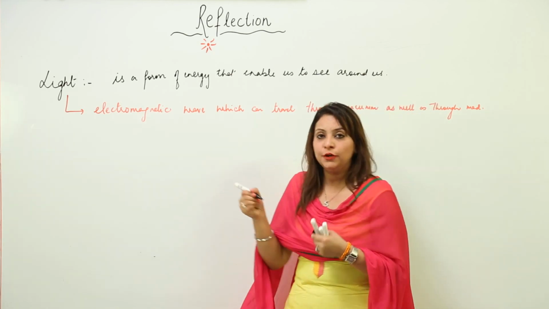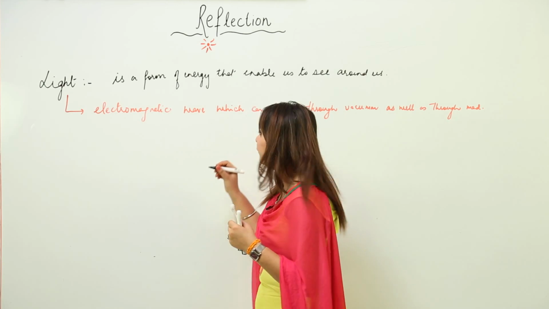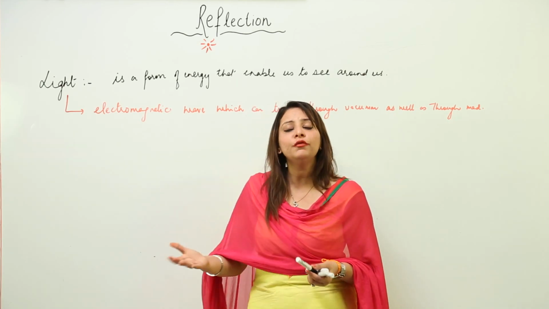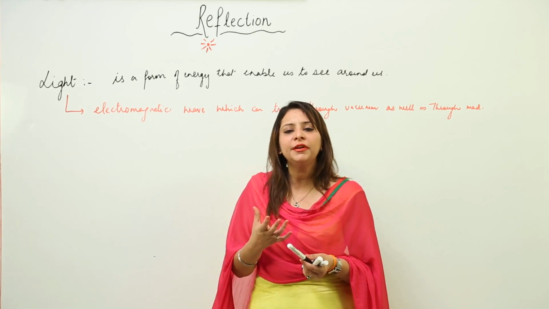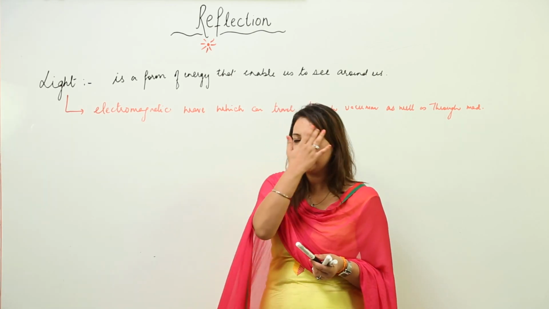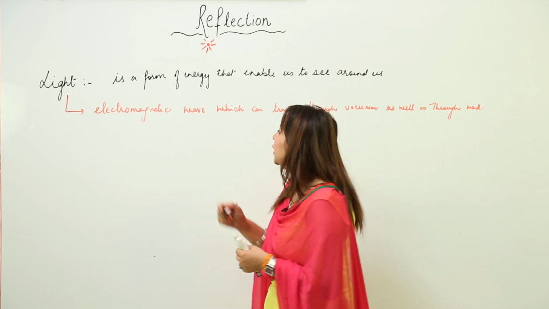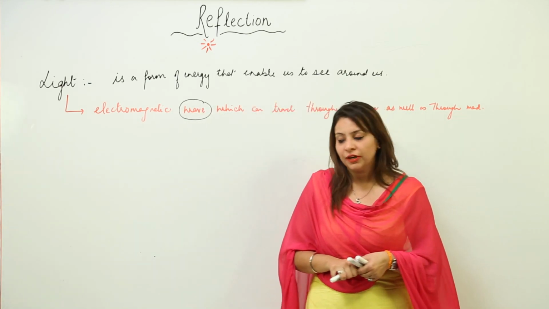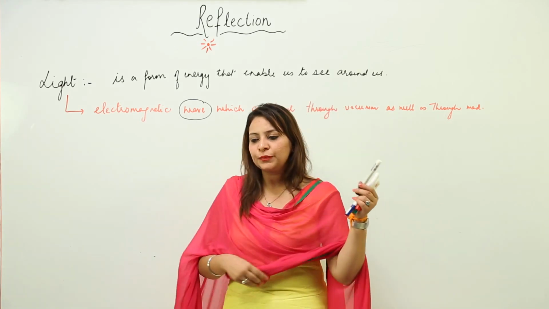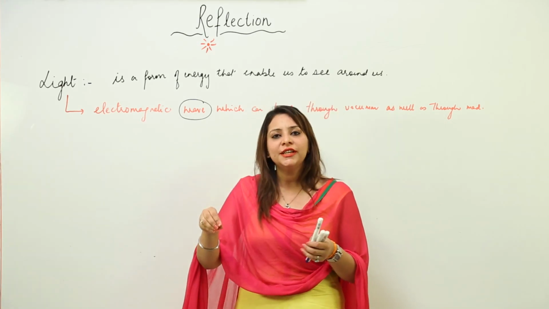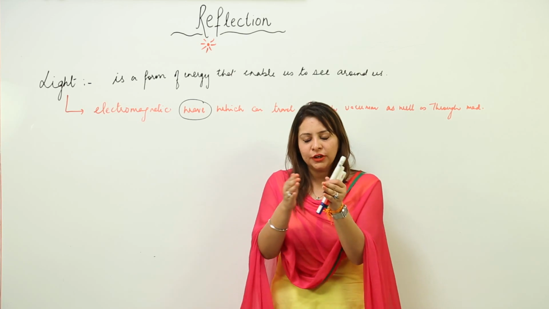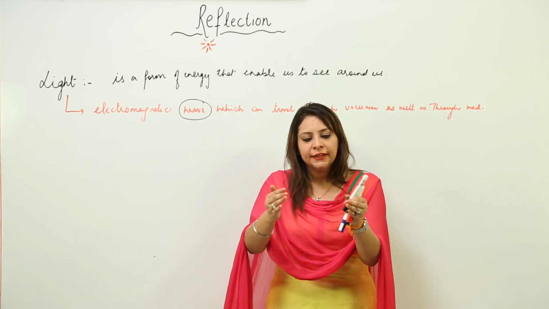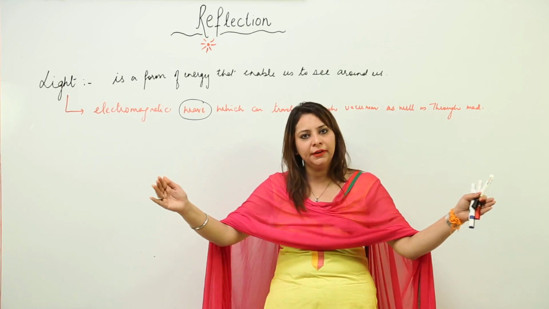I want to make you familiar with the terms I used in this definition, because this is not of your standard, but as you have seen, there is a lot of competition around, so you should also be familiar with the technical terms, because these are not so tough. First of all, what is a wave? When you drop a stone in a pond, you see ripples. You throw the stone, you see a small ripple, then a bigger ripple, then a bigger ripple, right?